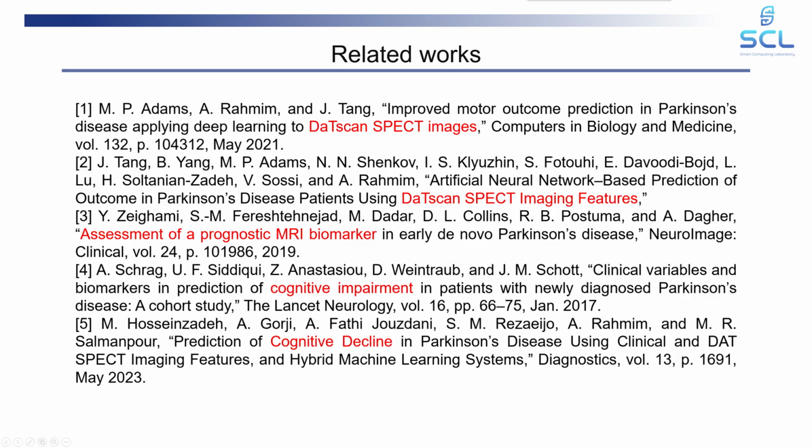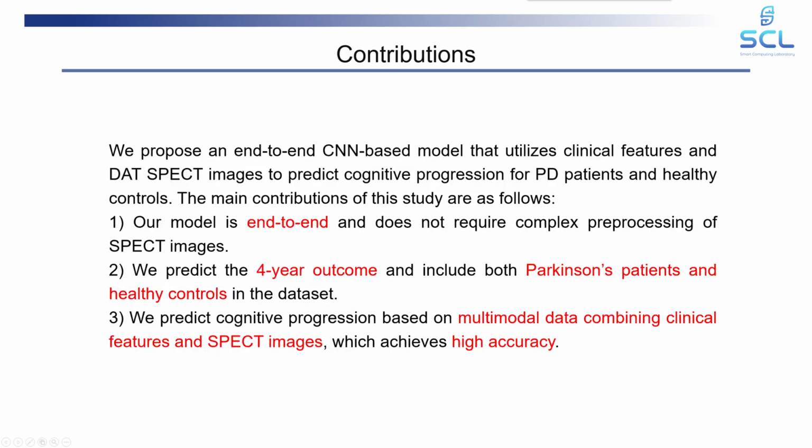We aim to develop an end-to-end deep learning model that combines baseline clinical features with SPECT images to simplify the prediction process and improve the accuracy. We proposed an end-to-end CNN-based model that utilized clinical features and SPECT images to predict the cognitive progression for Parkinson's disease patients and healthy controls.